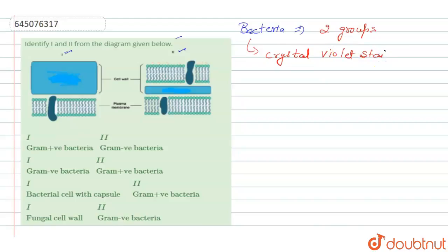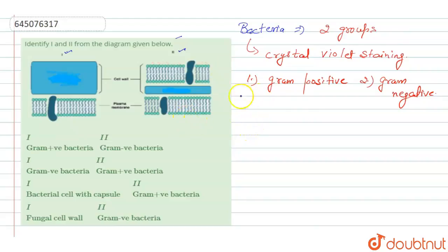By this process we can divide the bacteria into two groups: the first one is gram positive bacteria, and the second group is gram negative bacteria. So these are the diagrams that belong to gram positive and gram negative bacteria.